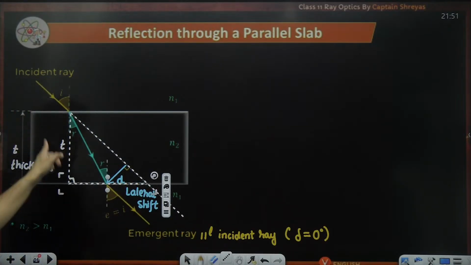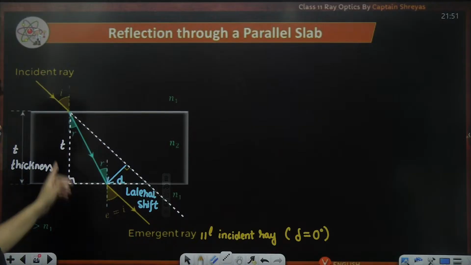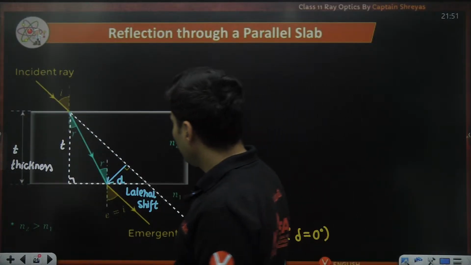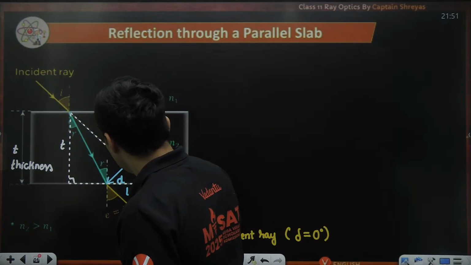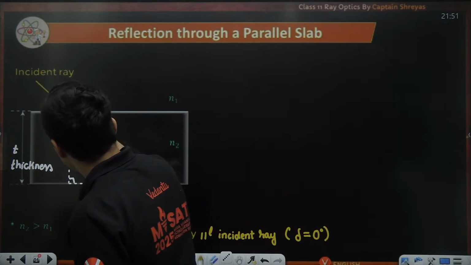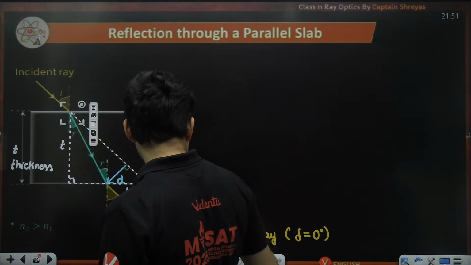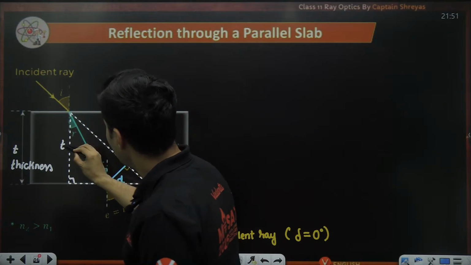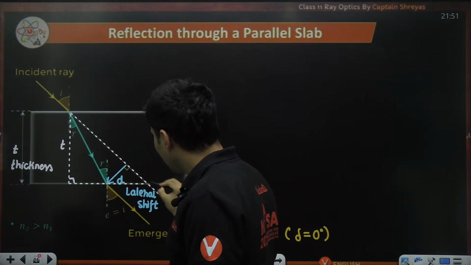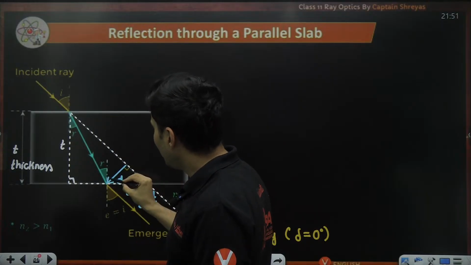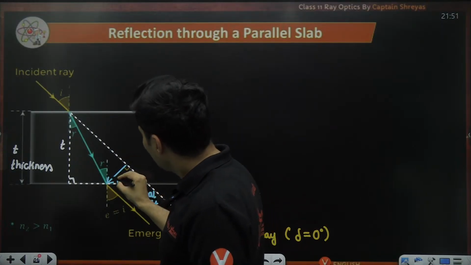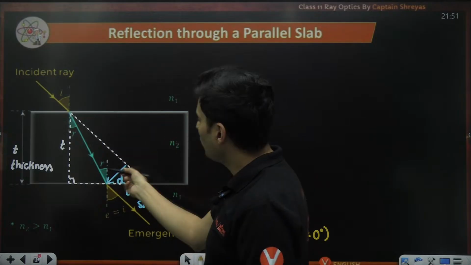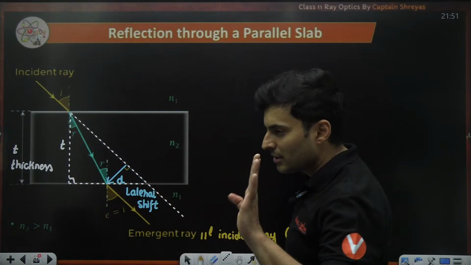From that, you can easily get what that shift is. It's not a big deal. If I call this line from here to here the hypotenuse, from this you can get this particular length, and then again you have to use trigonometry in this small triangle, and then you can get that answer. It is not such a big deal.